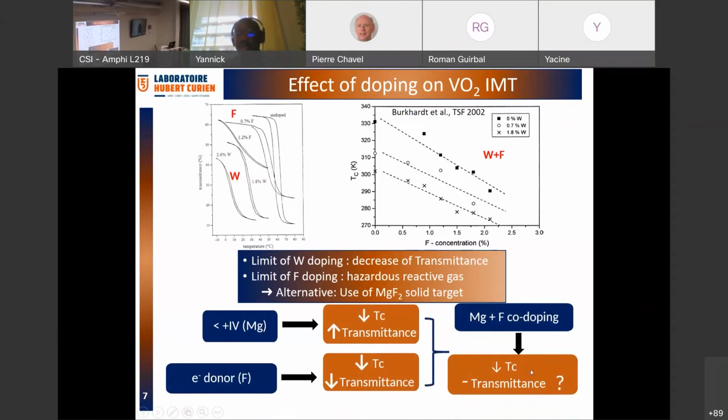We expect that it will decrease the transition temperature and that the transmittance will be much higher, because the effect of magnesium will maybe help to keep the transmittance higher. So one of the goals here is the synthesis of vanadium dioxide doped with these two dopants.